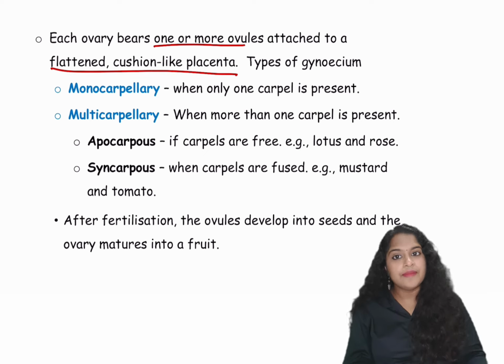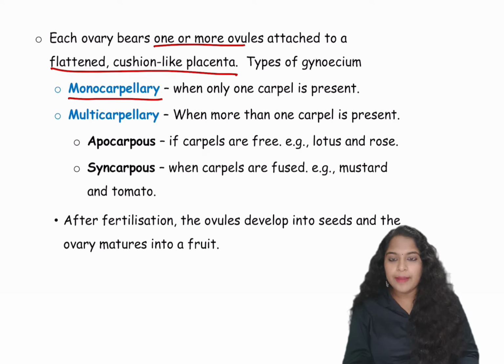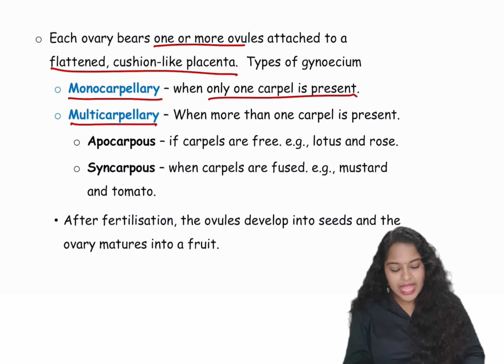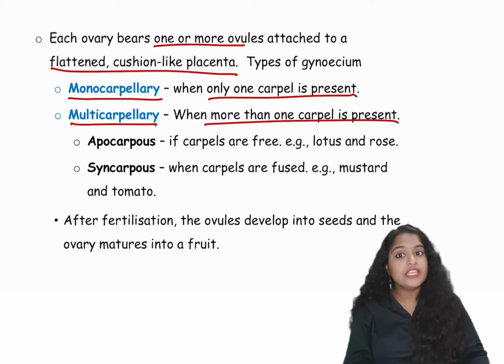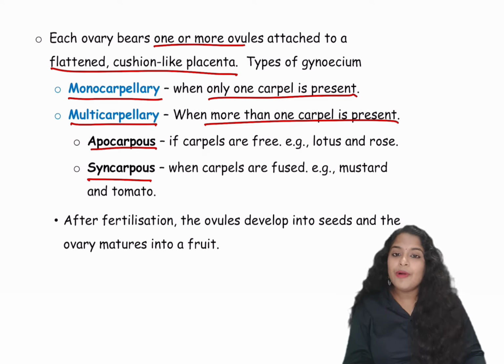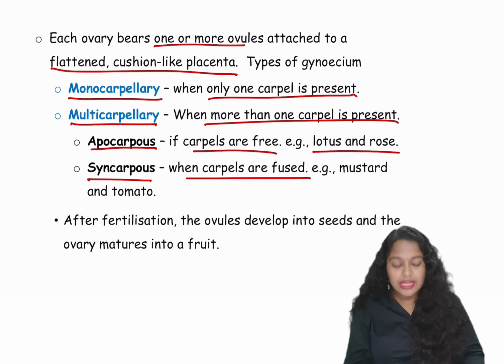There are different types of gynoecium. One is monocarpellary and the other one is multicarpellary. What is monocarpellary? If only one carpel is present, it is called monocarpellary, and when more than one carpel is present, it is called multicarpellary. Multicarpellary is also of two types: one is apocarpous and the other one is syncarpous. Apocarpous is when the carpels are free, like in lotus and rose, and syncarpous is when the carpels are fused, like in mustard and tomato.